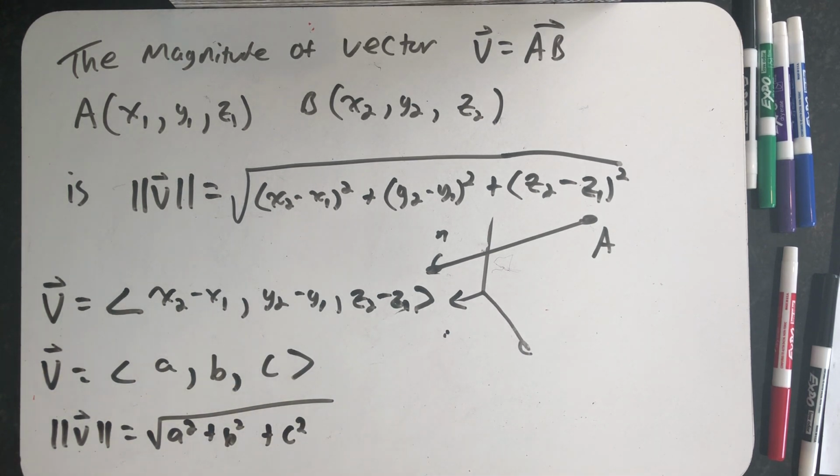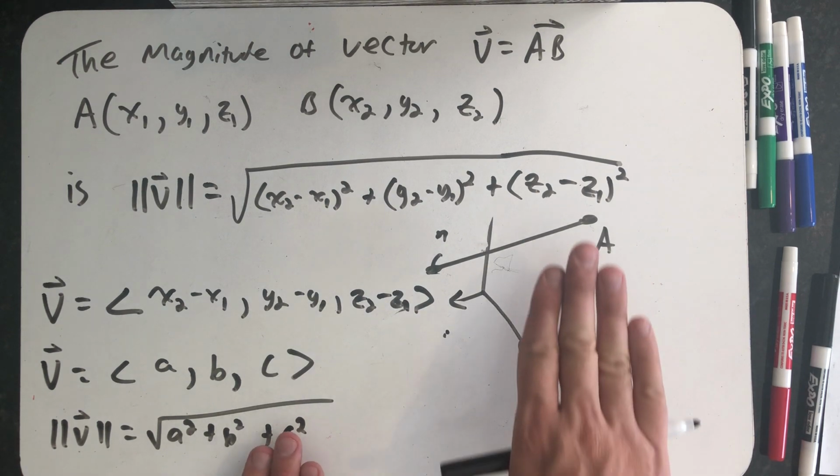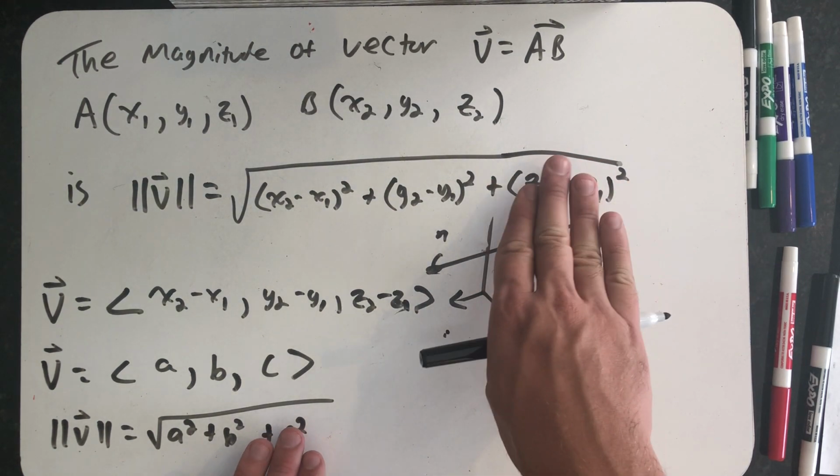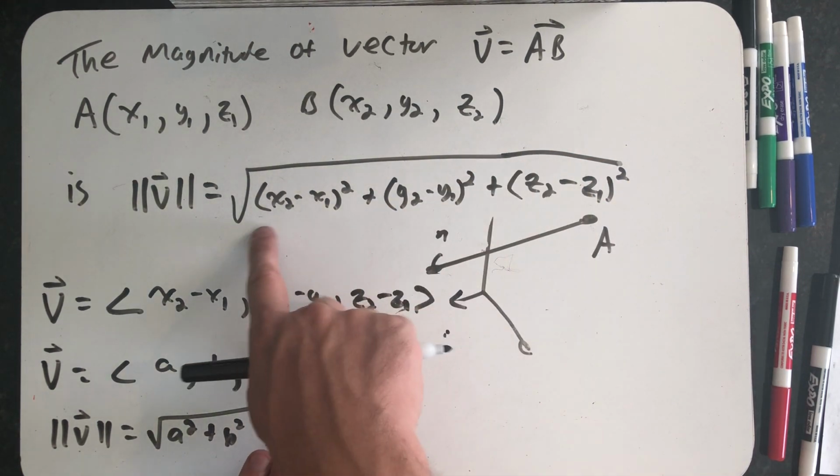And these same ideas work in the plane. I just need to cover up the z bit, because the distance formula in the plane looks just like this.